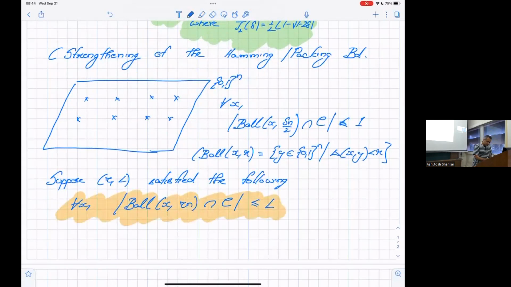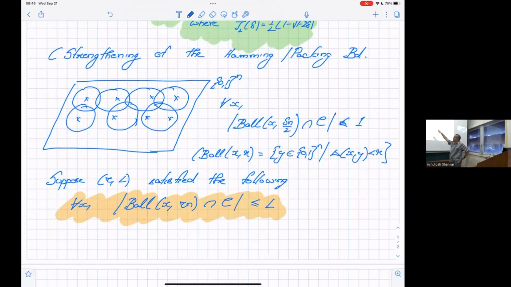In other words, if I draw these balls, they possibly overlap.